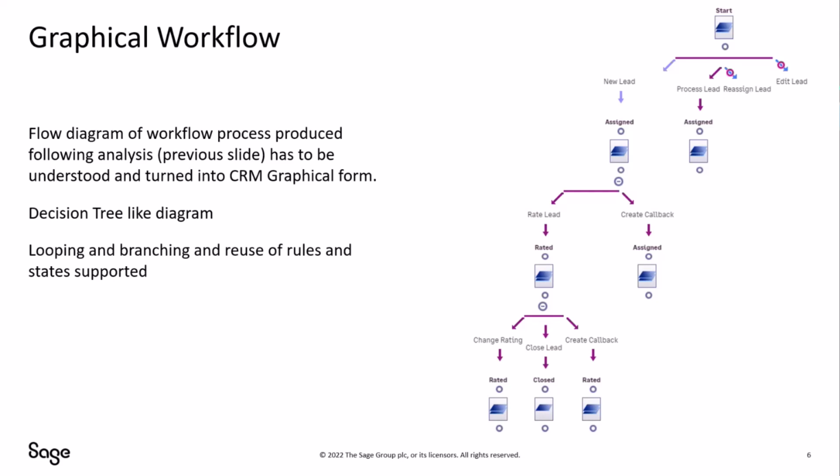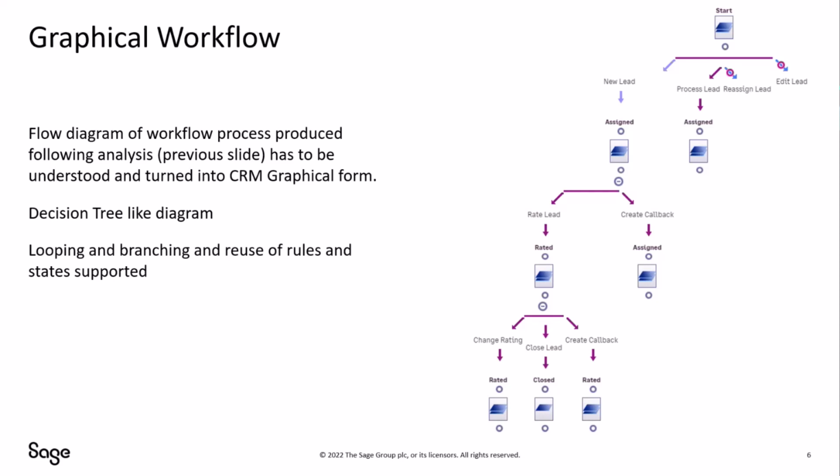Now, this is the idea of the graphical workflow that we can evolve inside Sage CRM. It's at this point I'm going to have to say that the easiest way to start to understand workflow is to use it by looking at the existing workflows within Sage CRM. We'll see in a moment there are a number of different default workflows provided inside the vanilla install.